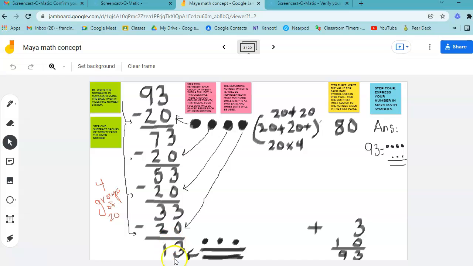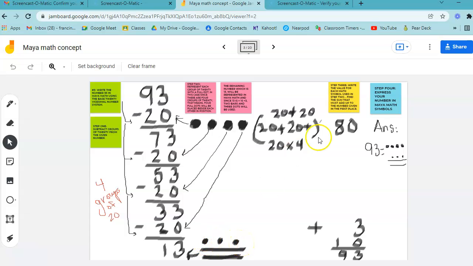We ended up with a remainder of 13. Okay? Now 13 will be represented in Maya Math as 10 plus 3. And we know that 10 is equivalent to 2 horizontal bars, each of which has a value of 5. And the 3 will be equal to 3 beans.